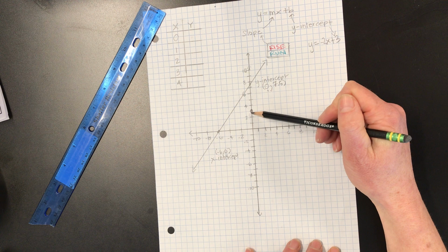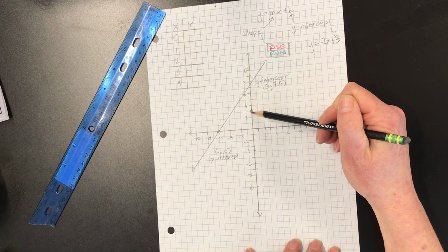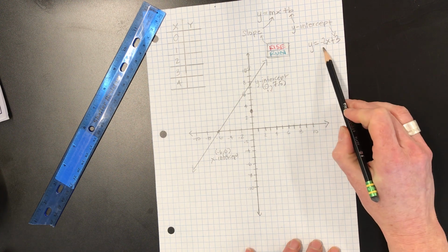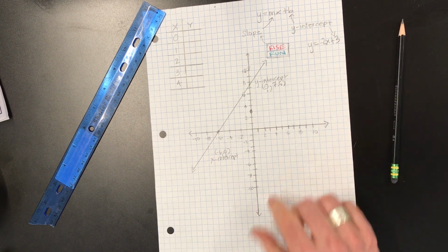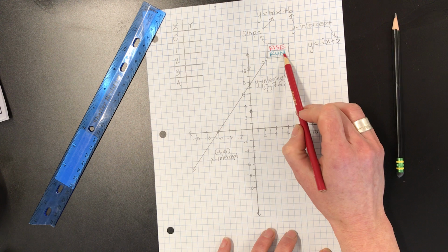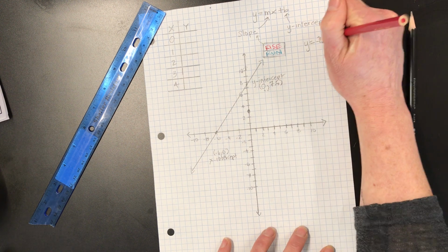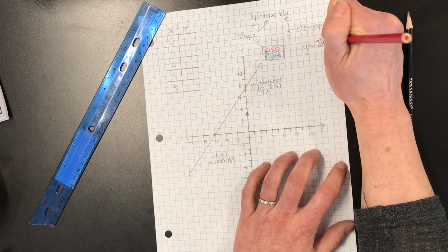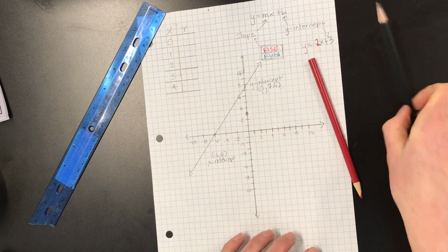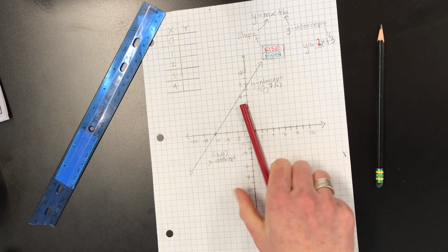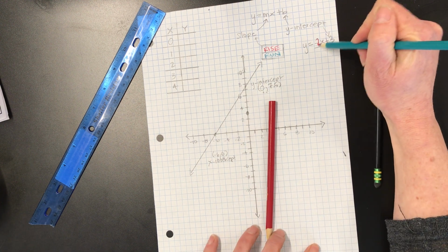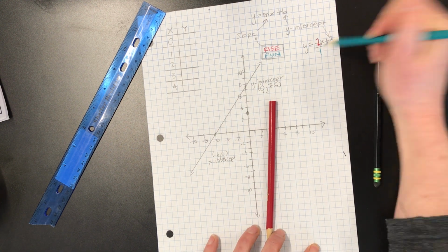I like to plot that y-intercept first, and then I can use my slope to rise and run from there. Remember, since slope is rise over run, I could rewrite -2 as a fraction, since I can turn any whole number into a fraction by simply placing it over 1.